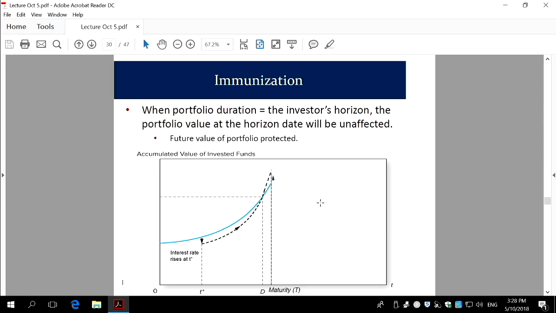Even if you will need money in 5 years, you cannot say the duration of a stock portfolio, there is no such thing as duration of a stock portfolio. Because the main source of risk for a stock portfolio is the standard deviation, the variance. It has nothing to do with interest rate fluctuation, right?